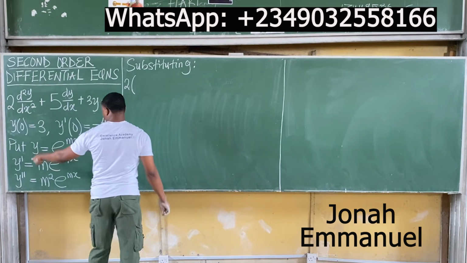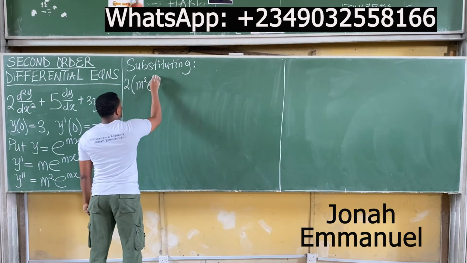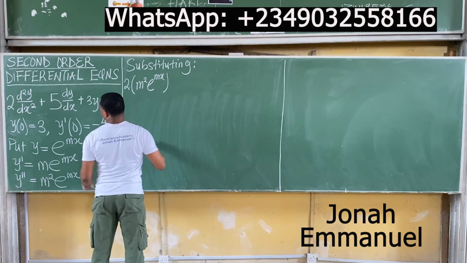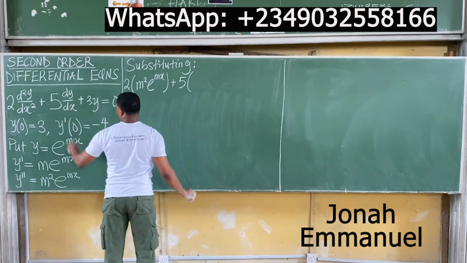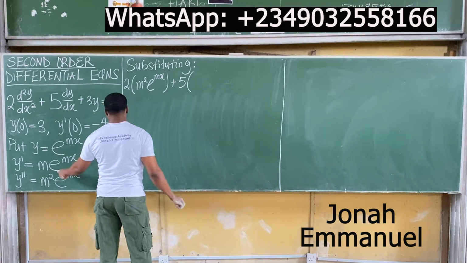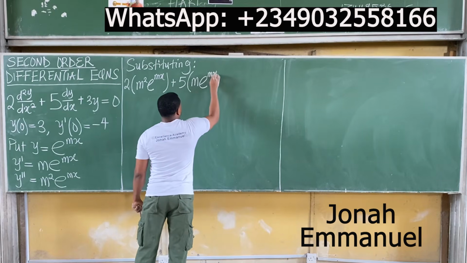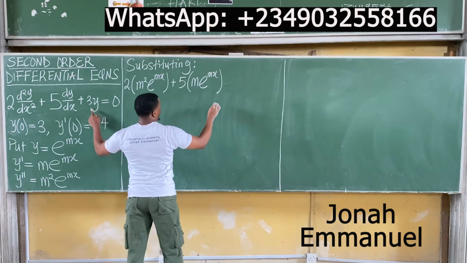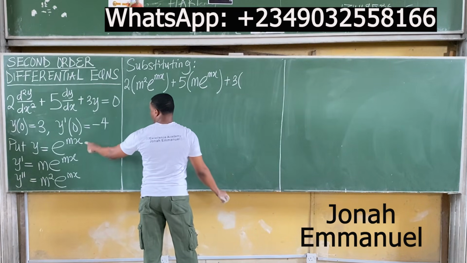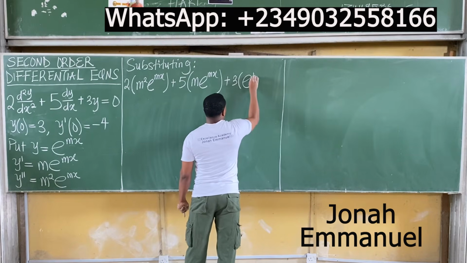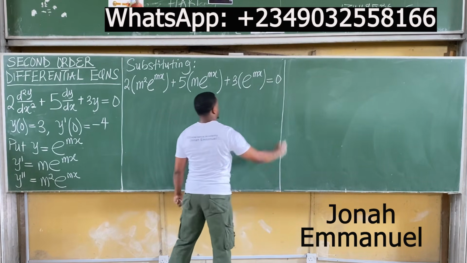This value is the same thing as y prime prime, which is what there? m squared exponential mx, plus 5 times dy/dx, same thing as y prime, which is what there? m exponential mx, plus 3, so plus 3 times y, which is exponential mx, equal to 0. So this is equal to 0.